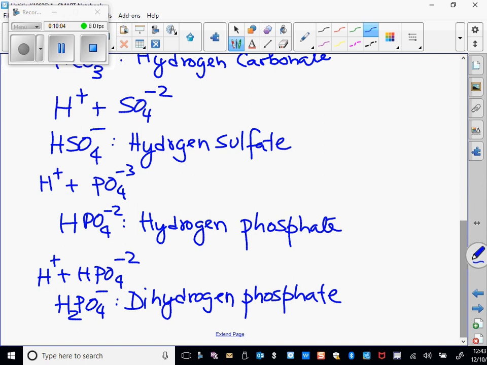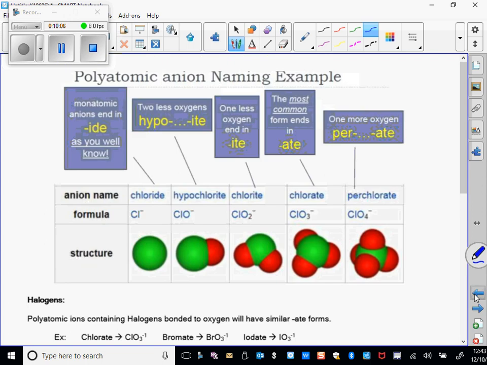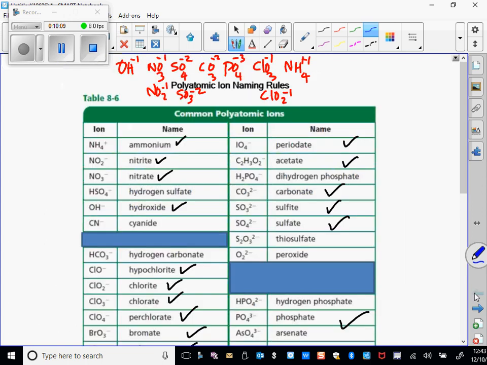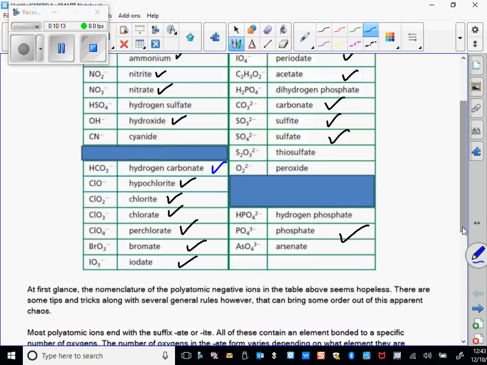So let's go back to that list and see whether we had to memorize anything new. No, not really. All I needed to know was chloride and perchlorate. Is that right? Those are the only two new additions. And then everything else is like improvising that.